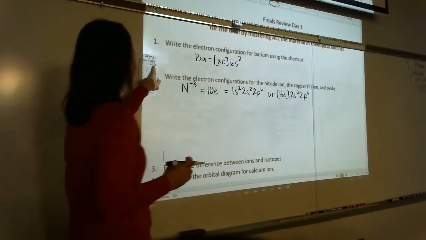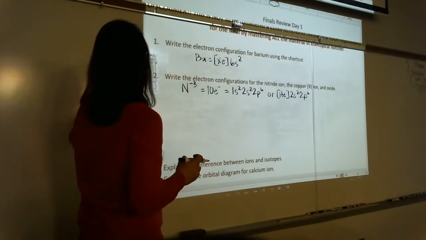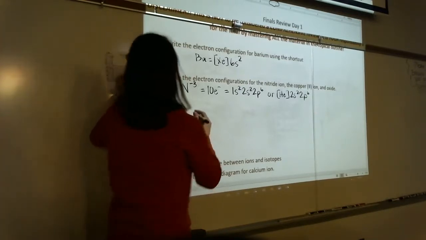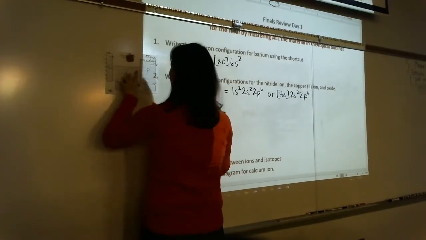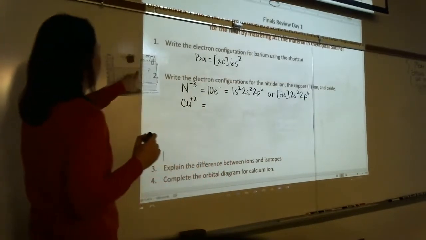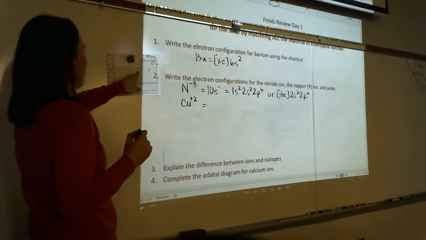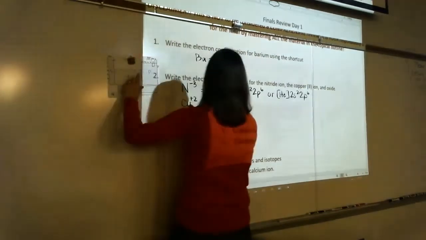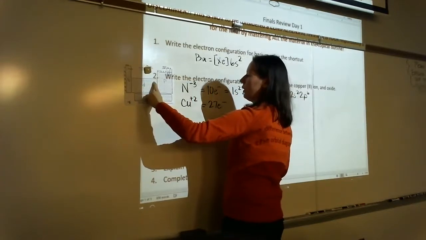Sure. All right, let's do copper 2 plus ion. Copper 2+, right? So copper has 29 electrons. So how many electrons does copper 2+ have? 27, right. So it's got the same electron configuration as who?